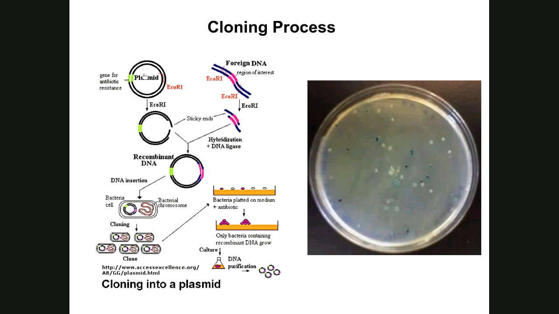Now it says plasmid, but just assume it's vector. I forgot to change this. Imagine this is your vector, not your plasmid. We would use a restriction enzyme to cut out our DNA of interest and to cut open our vector.